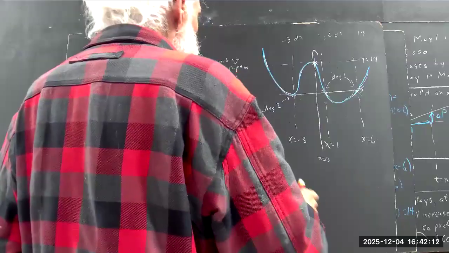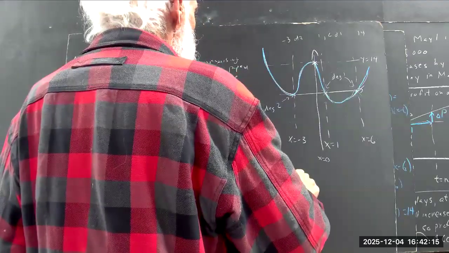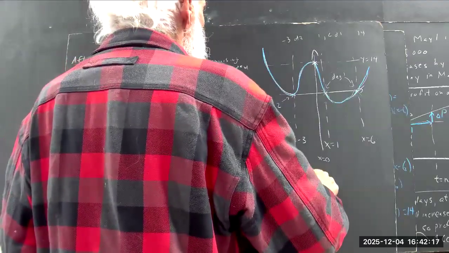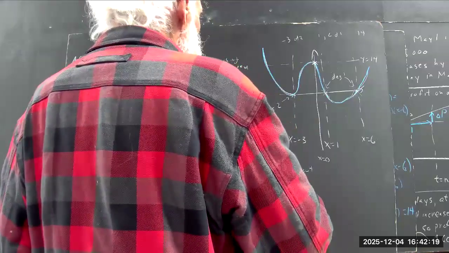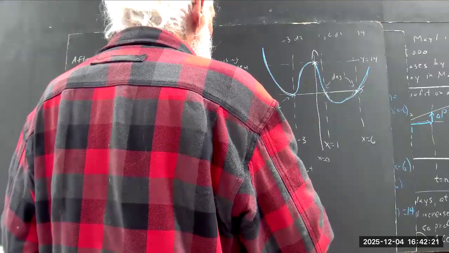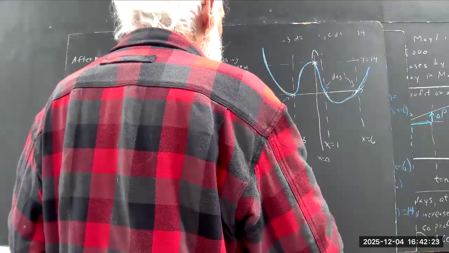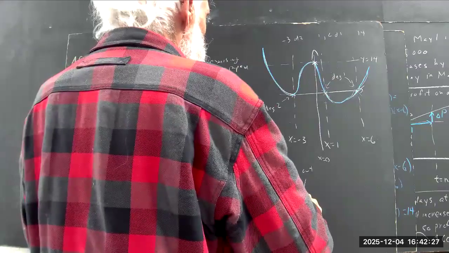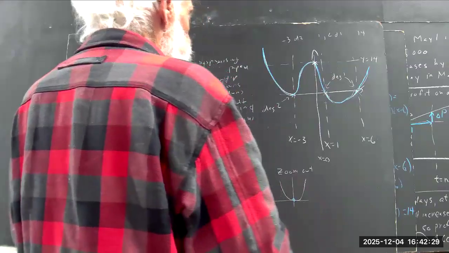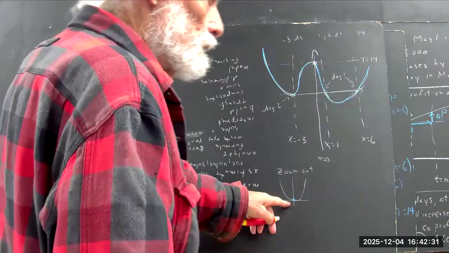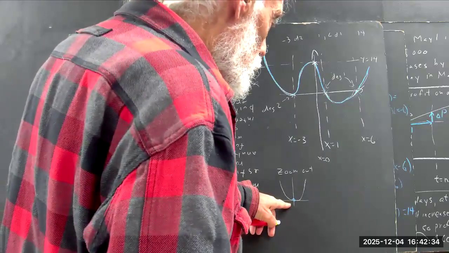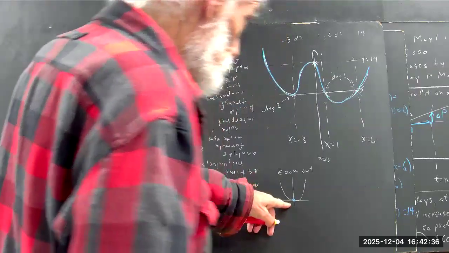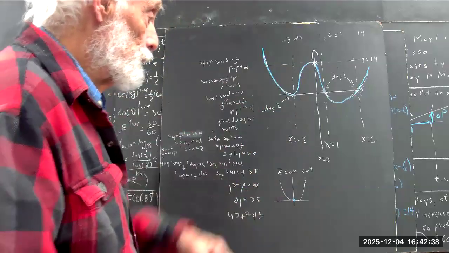If you zoom out, the graph is going to look like this with a couple of wiggles close to the y-axis. Okay, that little blue blur indicates these wiggles.